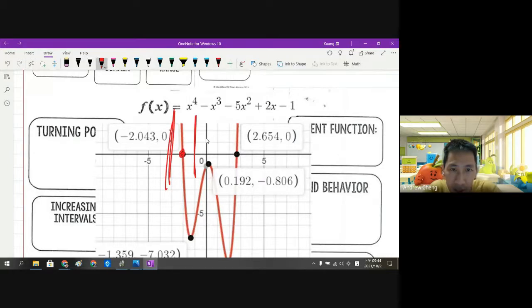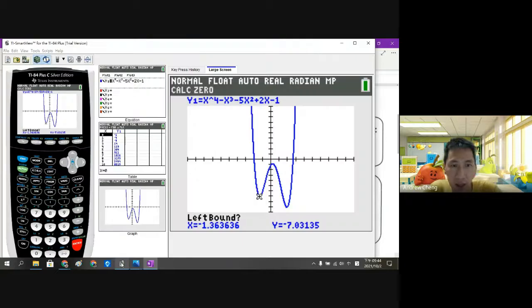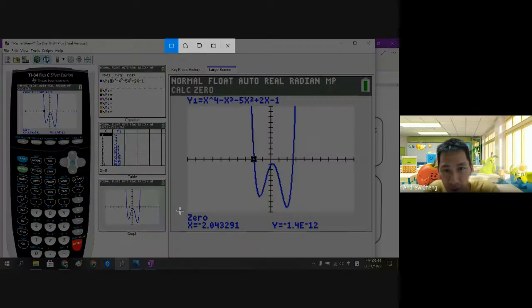Put the zero between left bound and right bound. So this is left bound, right bound, and it will help you to find the zero. So I move to the left bound, and then move a bit for the right bound, and then enter again. So zero, that will be negative 2.04.